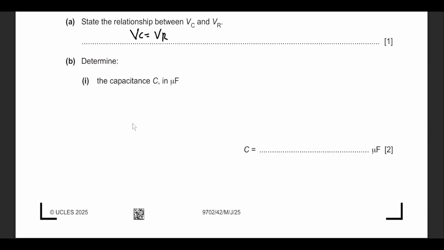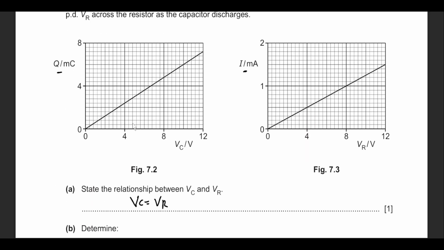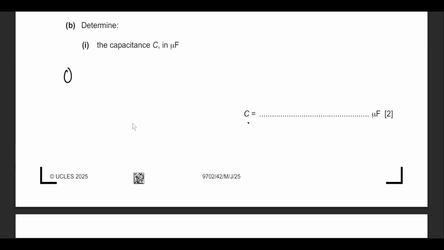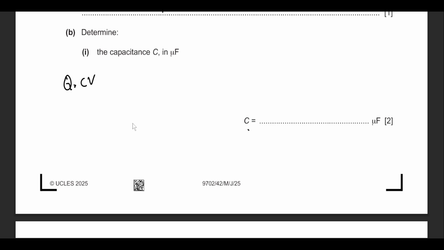Determine the capacitance C in microfarads. So we're going to see which figure suits well. This one suits well because we are trying to find out the capacitance. So Q equals CV is one of the formulas, and Q is 7.2 into 10 raised to the power minus 3, and C into 12. So we can find the C here.